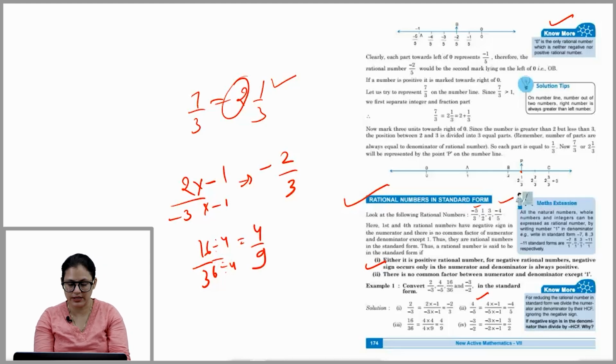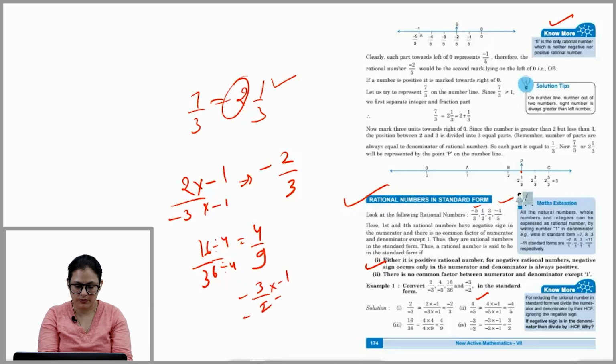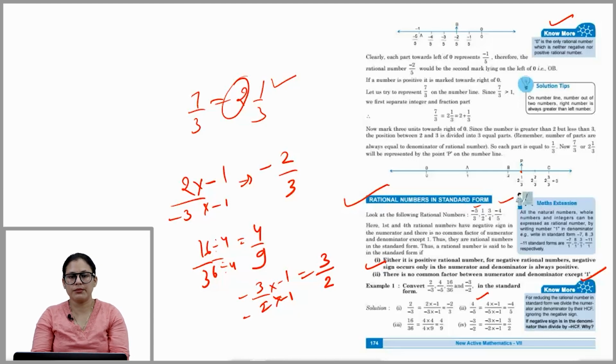Similarly, for minus 3 by 2, you will multiply by minus 1 and then you will get 3 by 2. For reducing a rational number to standard form, we divide the numerator and denominator by the HCF, ignoring the negative sign. If the negative sign is in the denominator, divide by the negative HCF.